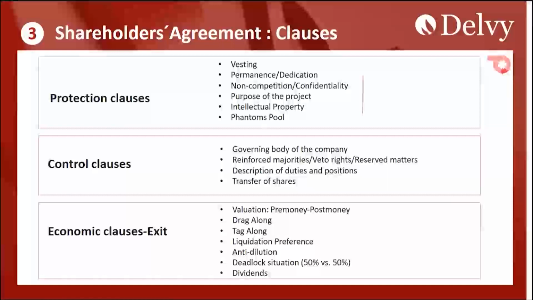But this is very important. It only works in a scenario of a down round. The VC will want to protect himself from this type of scenario. That today we're doing a funding round of a 5 million post money, and then for whatever reason afterwards we have to go and raise money at a lower valuation.